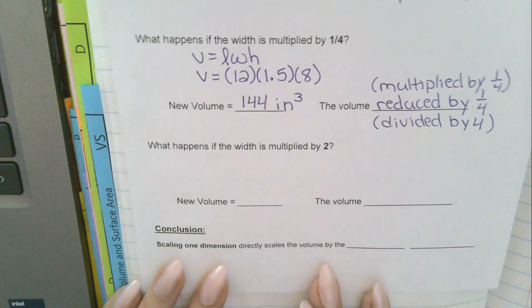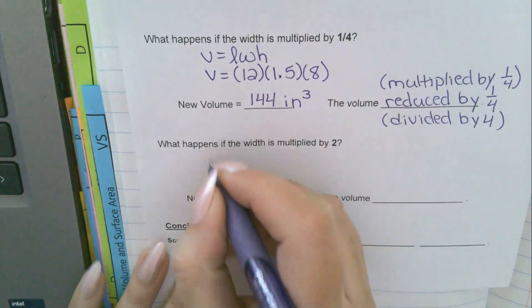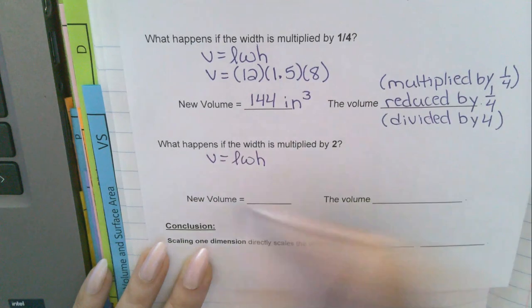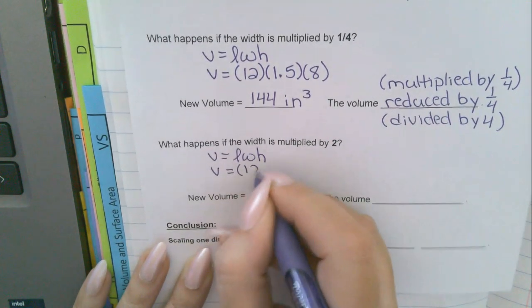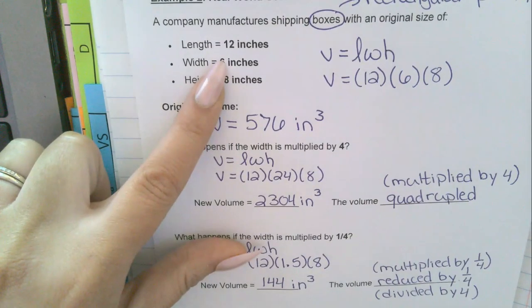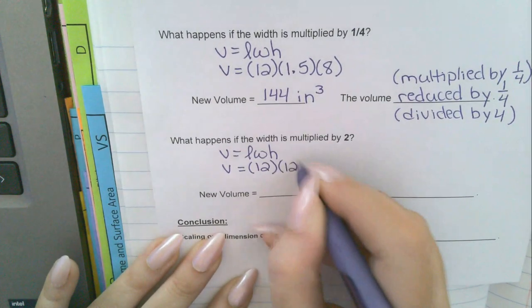All right, and then last, what happens if the width is multiplied by 2? So we're going back to that original width, and we're multiplying it by 2. So length times width times height. Length is still 12. My original width was 6, so what's 6 times 2? 12. So my new width is 12 and my height is still 8.